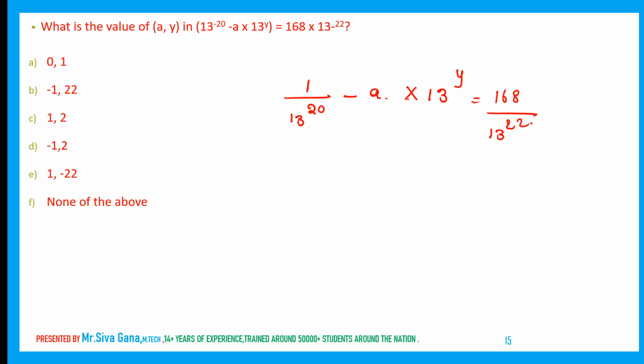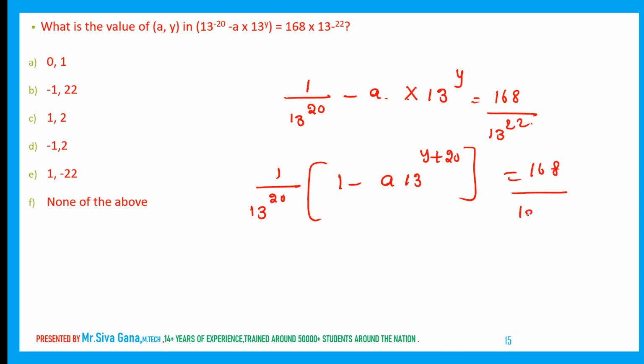So I am making 1 by 13 power 20 common. 1 minus a into 13 power y plus 20, which is nothing but 168 divided by 13 power 22. 13 power 20, this is 20, remaining is 2.